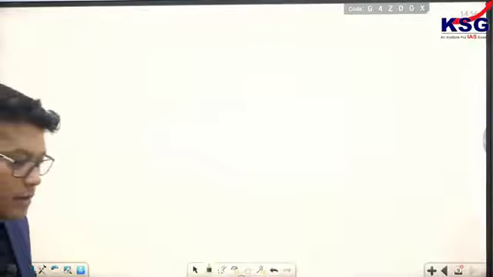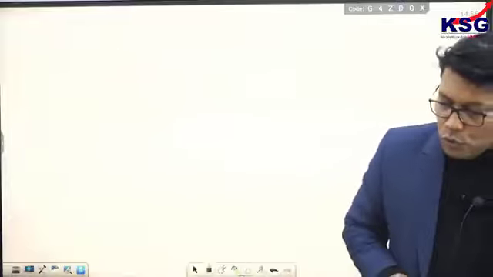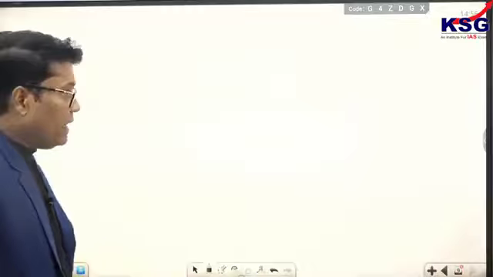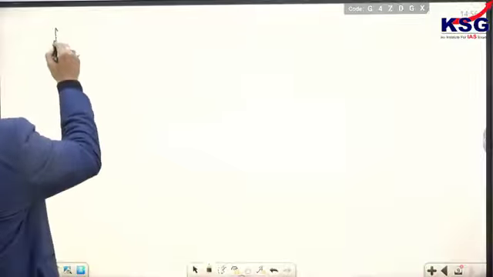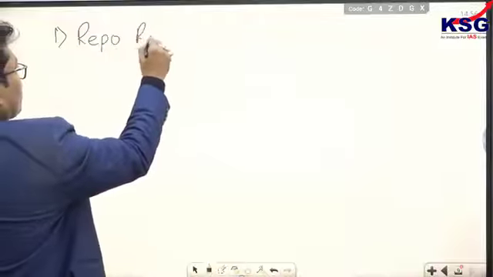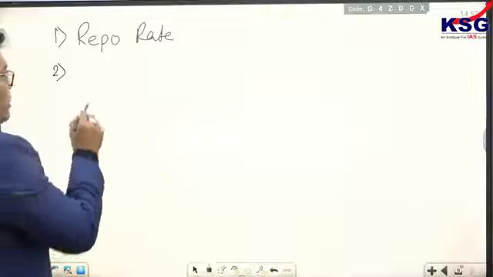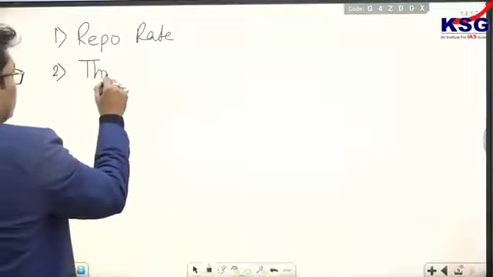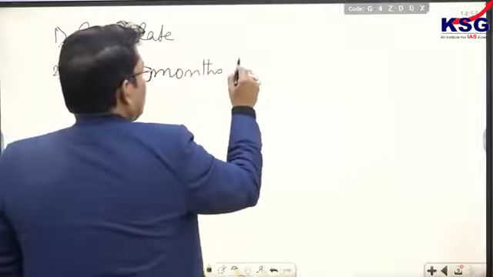Okay. Right. Banks can choose one of the four external benchmarks. First, you keep writing repo rate. Second, you can write 3 months T-bills yield.